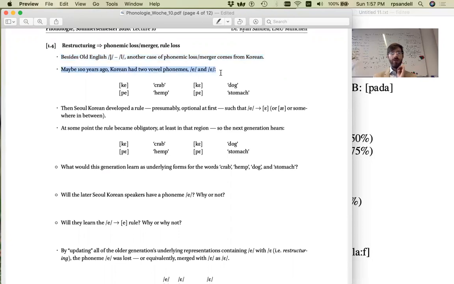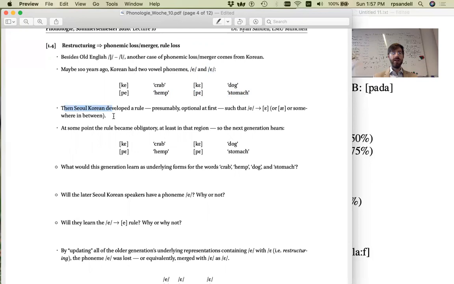Only about 100 years ago, Korean, on the other hand, had two mid-vowel phonemes, a tense A and a lax E. So we can find some minimal pairs, for instance, K, crab, and Ke, dog, Pe, hemp, versus Pe, stomach.